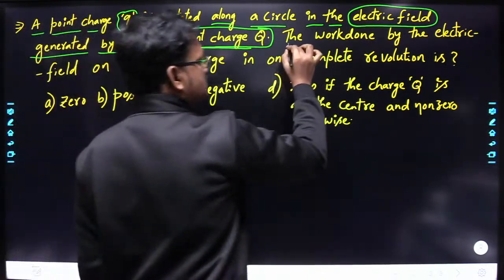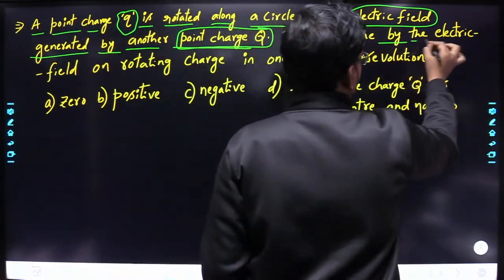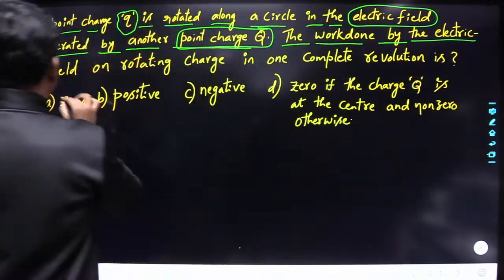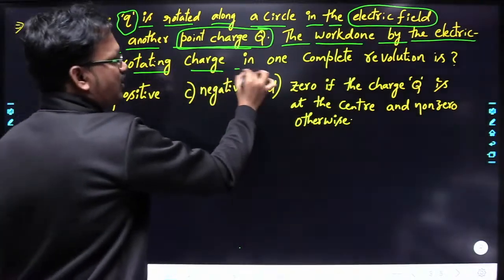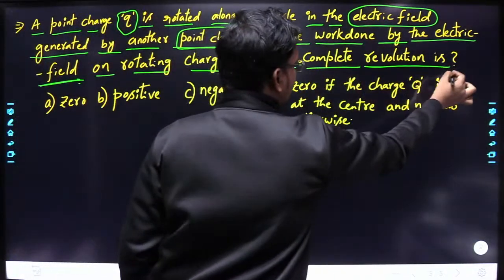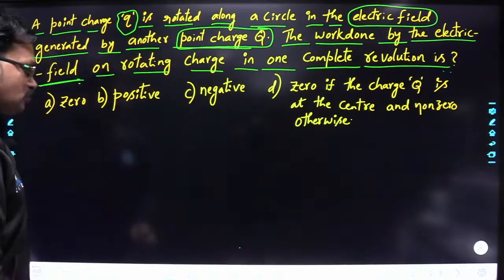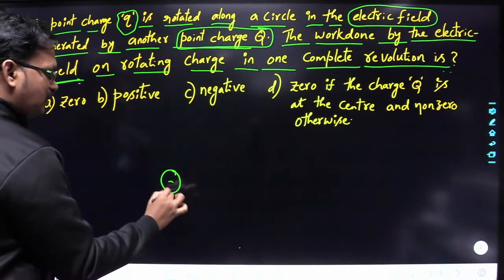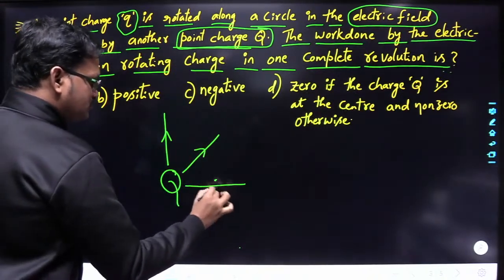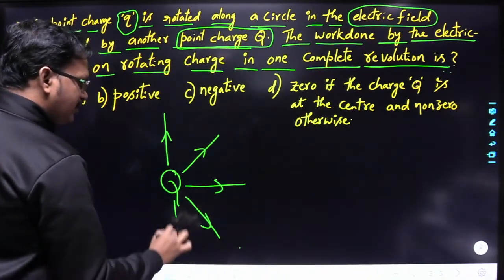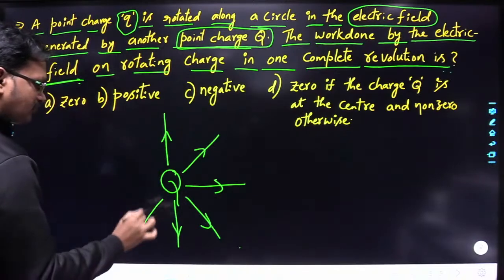Then they are asking the work done by the electric field on the rotating charge in one complete revolution. Here you have a charge capital Q, so it is going to set up some electric field in its vicinity, right?